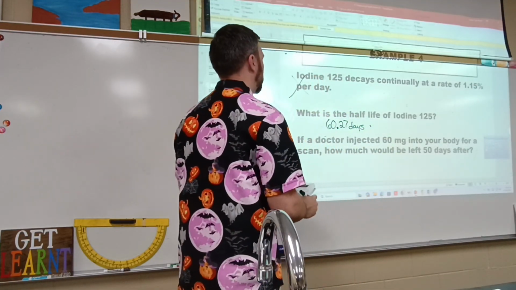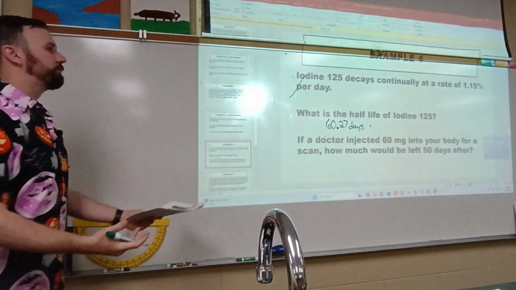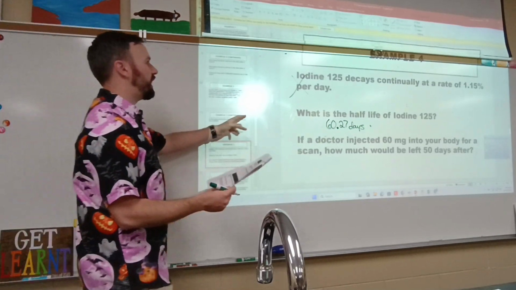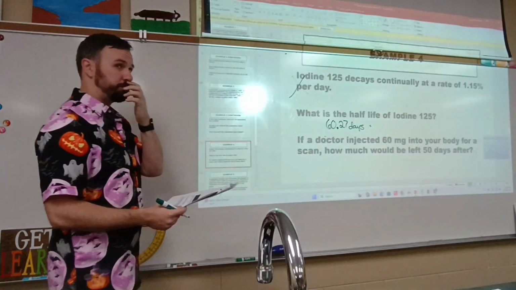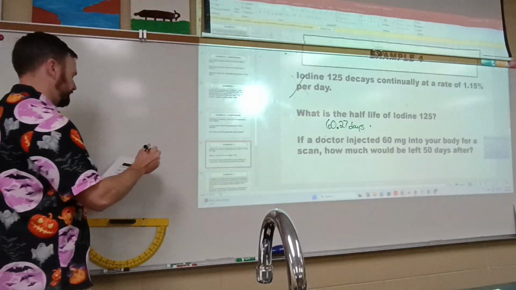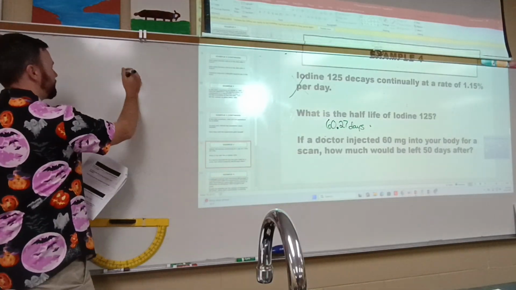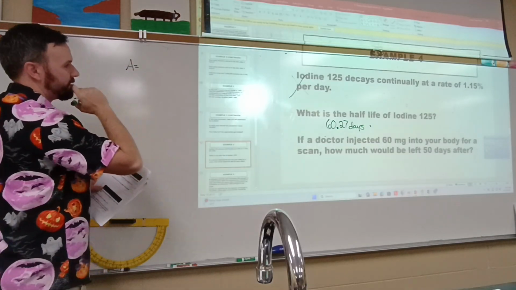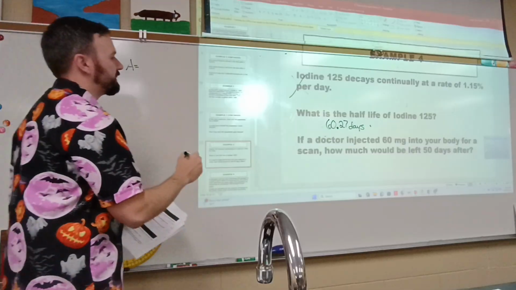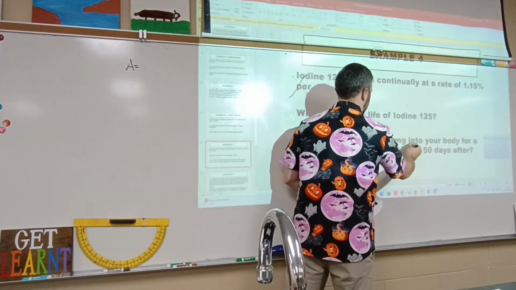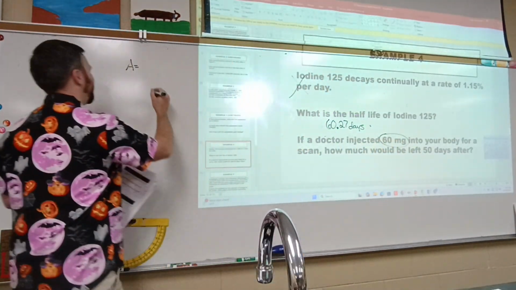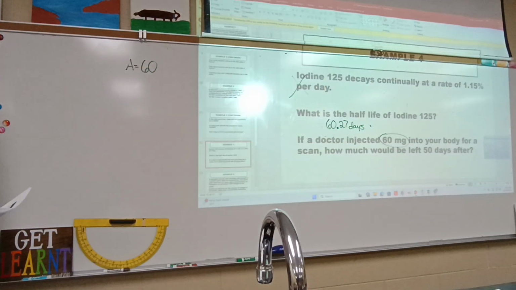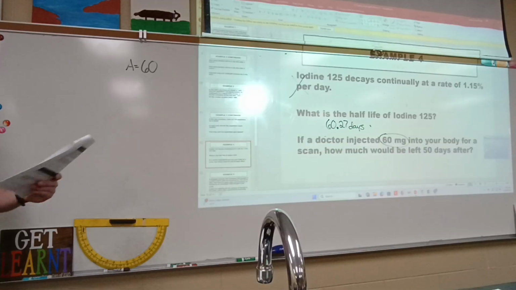All right. So if that's my half-life, what's my equation for iodine 125? If I'm drinking iodine, don't do that. You will perish. If you injected 60 milligrams into your body, so 60 is my starting, right? For half-life, what do I put next to it?